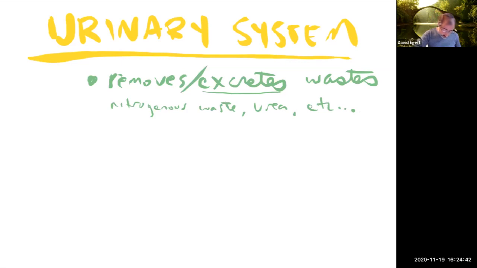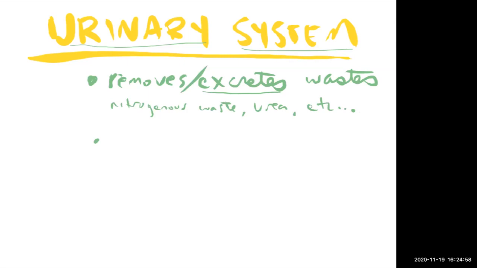And the urinary system is a way to actually get something out of your body that you don't want. What other things does the urinary system do? Fluid balance. It's a huge one. So water balance.